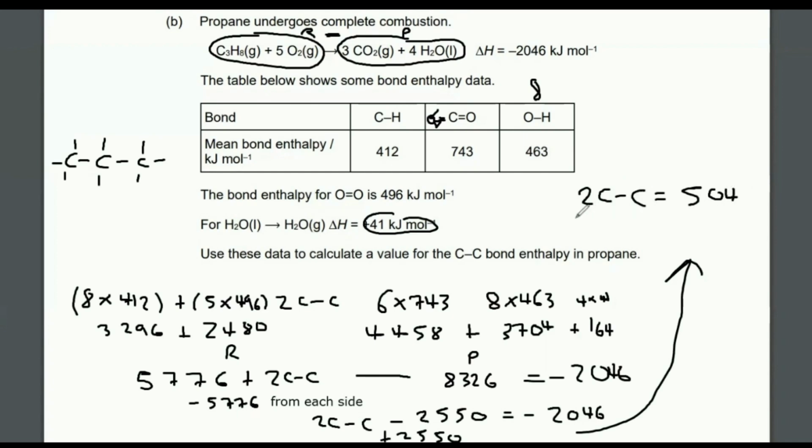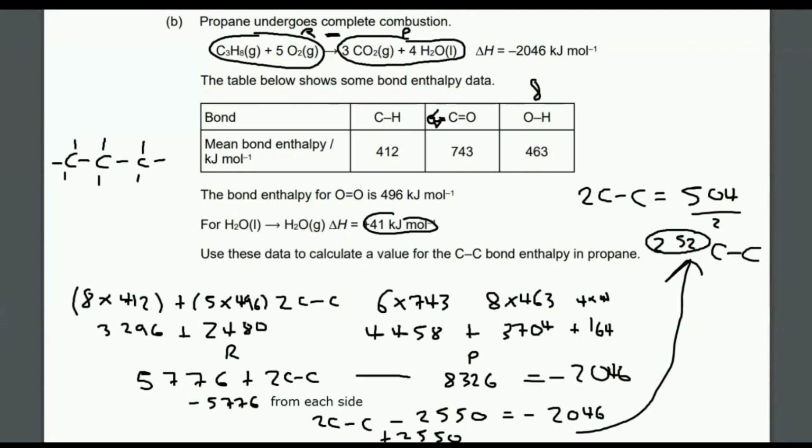So I want to find out what 1cc is. So I'm going to divide that by 2. And we're going to find that this equals 252. And that is your lovely jubbly answer, 252. And that's the mean bond enthalpy in kilojoule per mole for the carbon-carbon bond.